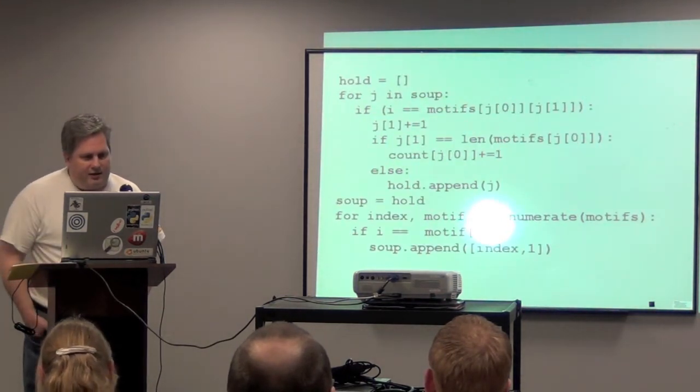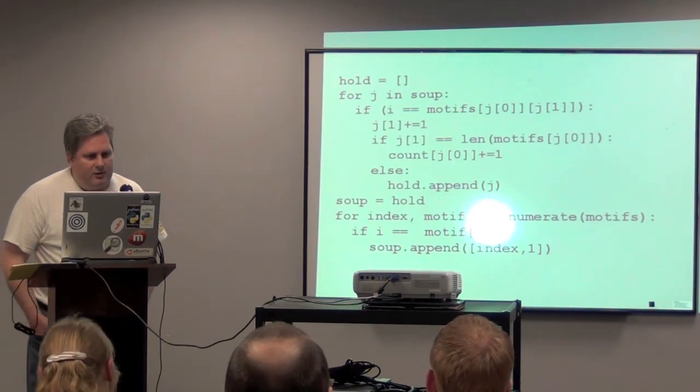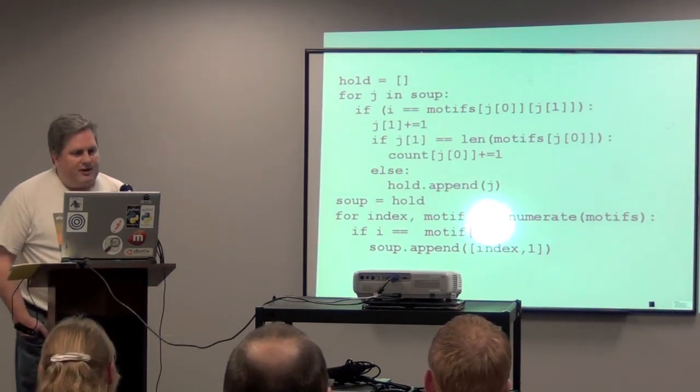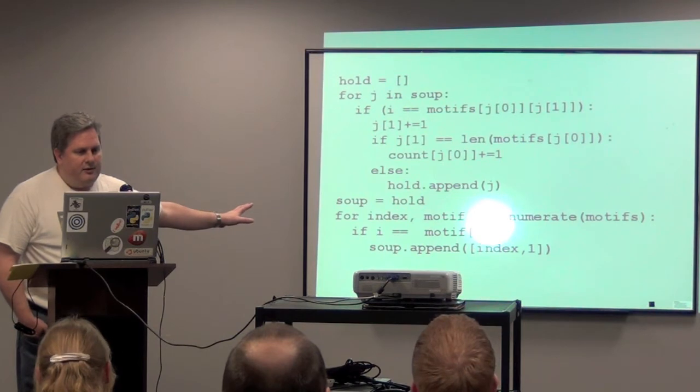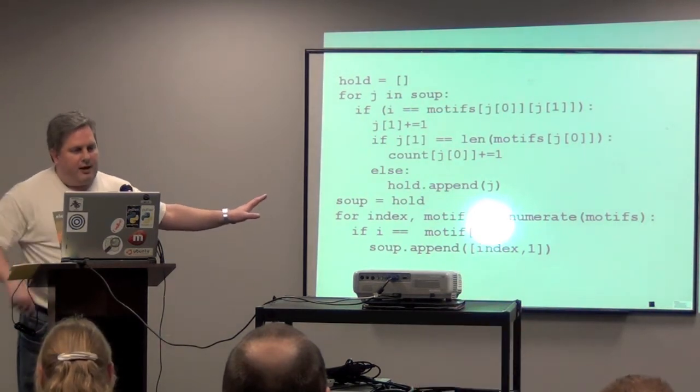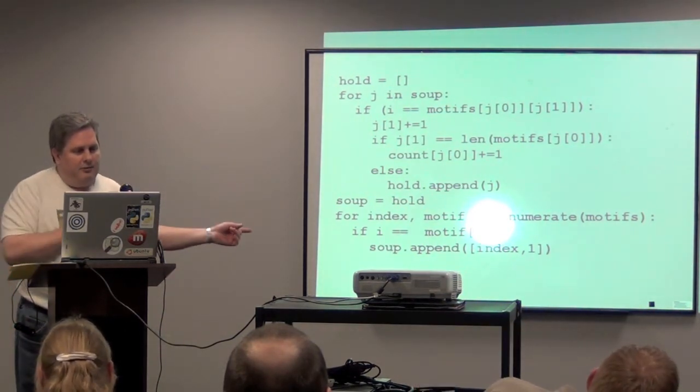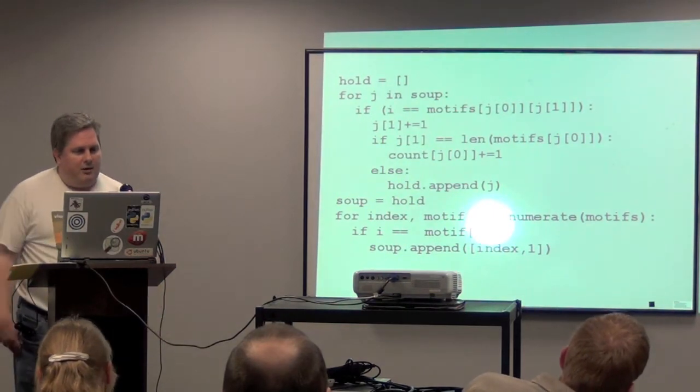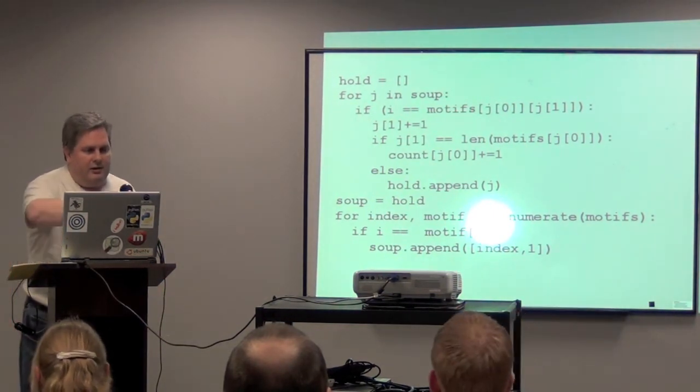Okay, and then this is the guts of the individual loops. I start with a hold list because I'm going to keep pulling things out of the soup and they either disappear or migrate into the hold list.